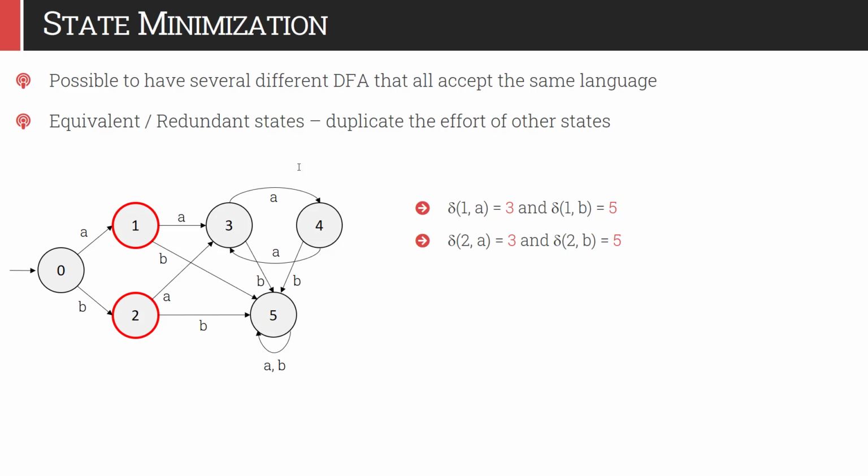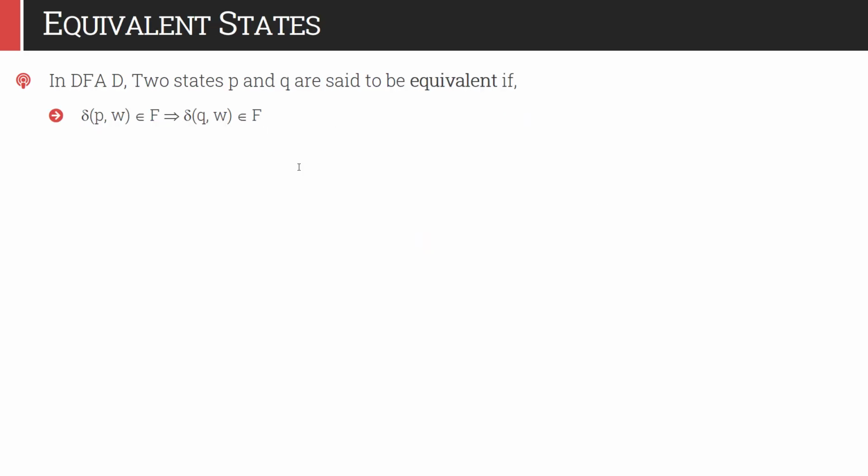That means this state could be a redundant state. Both are going to the same state when we read A and both are going to the same state when we read B. So this could be a redundant or equivalent state. If they are equivalent, we should eliminate them from the DFA, so the DFA would be a smaller one.